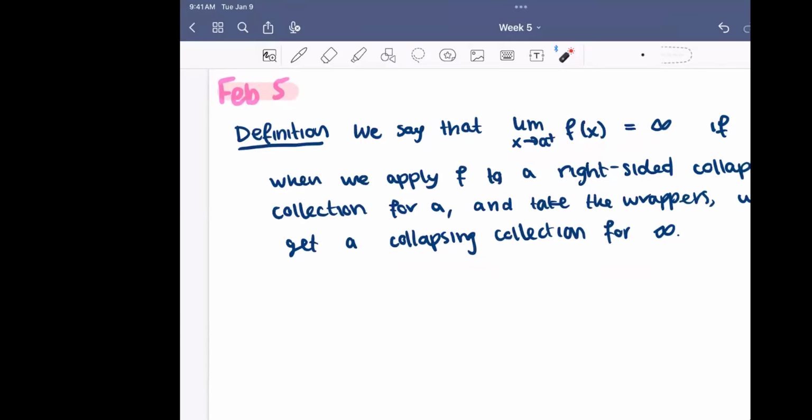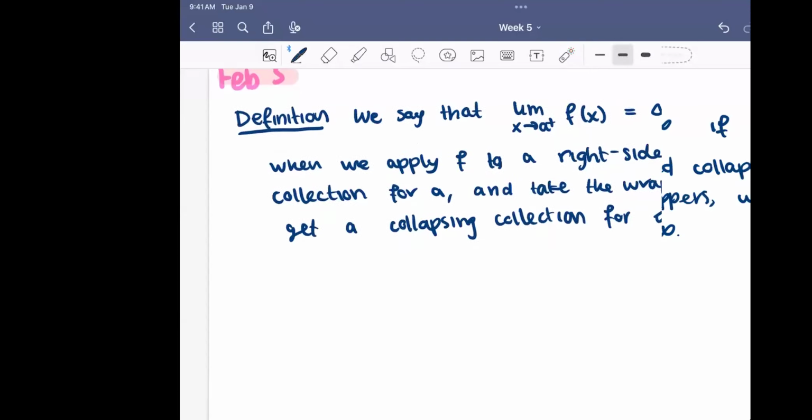So let's do an example. Let's look at the function f of x is 1 over x squared, at x equals 0. So we'll look at the limit as x approaches 0 from the right of 1 over x squared.